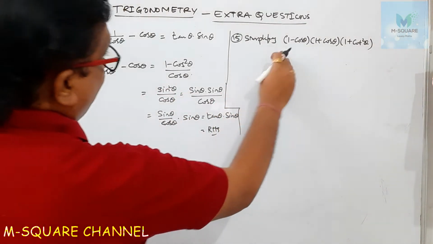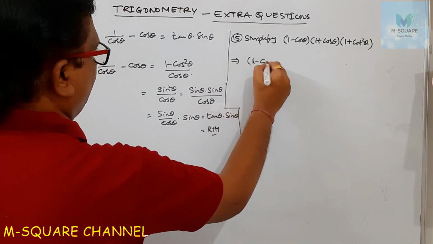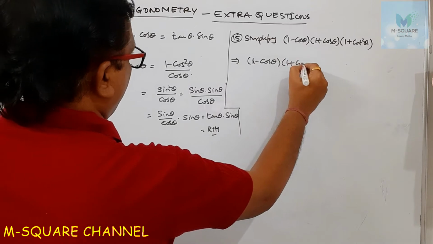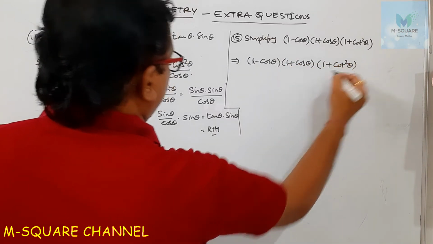Next one is simplify: 1 minus cos theta into 1 plus cos theta into 1 plus cot square theta.